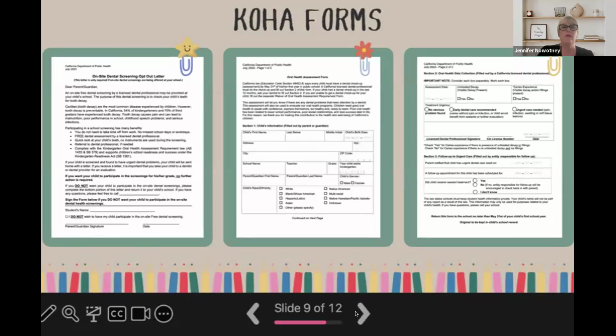You can put that into that child's file and report that into the SCORE system as well. If you need to access these forms, you can find those at www.ab1433.org, or you can just ask me at the end.